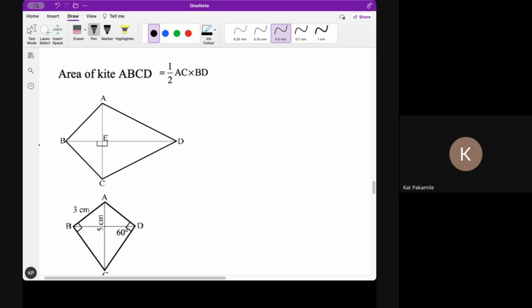Now, so far, we've been dividing our shapes into two separate ones. Ordinarily, if I didn't have that formula for area of a kite, what would I have done? I want to show you where that formula comes from, just for enrichment purposes.